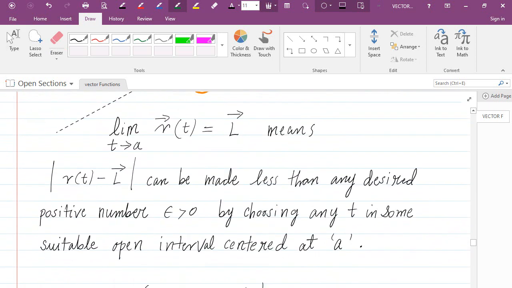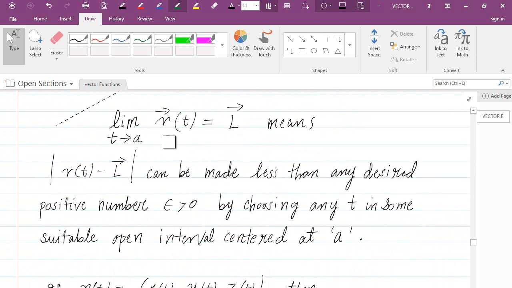So what do we mean by the limit of the vector function R of t as t approaches the real number a? Here L is a vector.